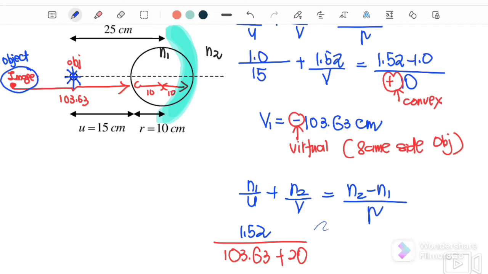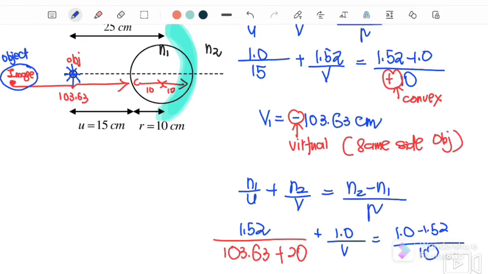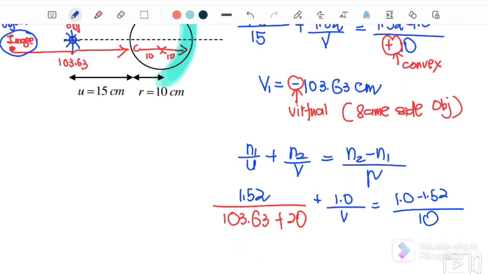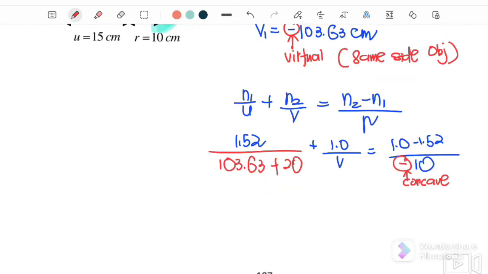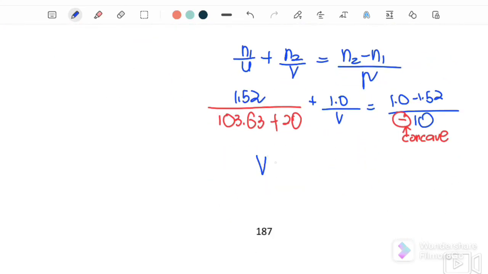Plus N2, which is air, and V we don't know, so it's 1 minus 1.52 over the radius, which is 10. Again, the surface here is concave, so we must substitute negative. Finally, the value of V that we will get is positive 25.2 cm.